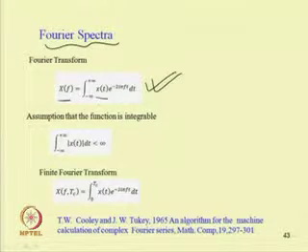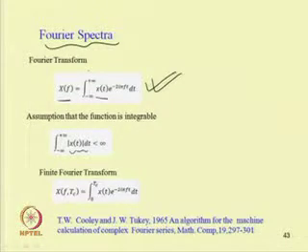As negative frequency has no meaning, one can take only the positive side. And here we are assuming that the function should be integrable. If it is not integrable, then one cannot use this Fourier transform to find the spectra of the system.